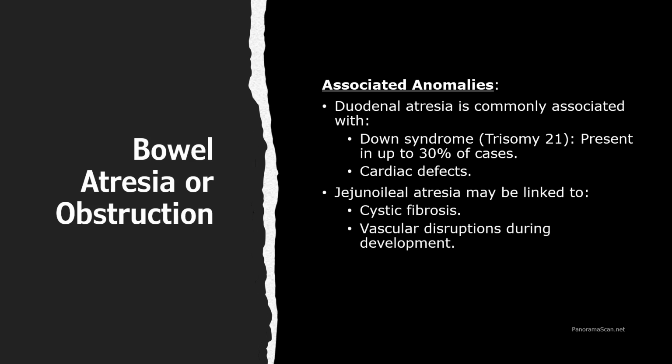Jejunoileal atresia can be related to cystic fibrosis or result from vascular disruptions during development, leading to ischemic bowel damage. Colonic atresia is rare but may be seen alongside anorectal malformations, requiring a comprehensive evaluation of the lower gastrointestinal tract. Understanding these associations helps guide further testing and prenatal counseling.